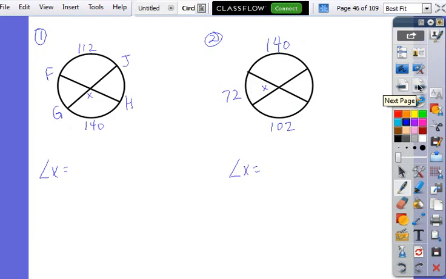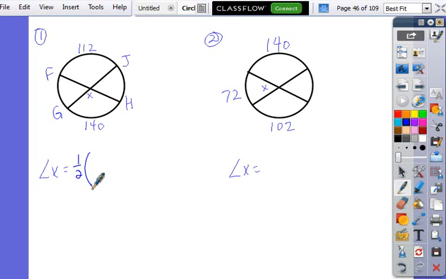If I want to look at this, what does the rule say when the angle is inside a circle? Each angle is half of the arc that it makes and the one that's vertical. So if I wanted to solve for x, it's going to be half. What arc does it make? GH, which is 140.